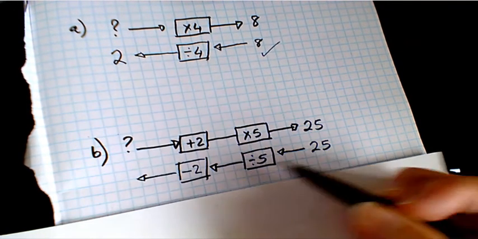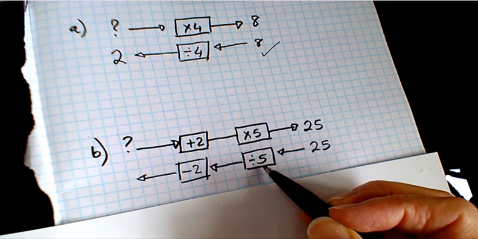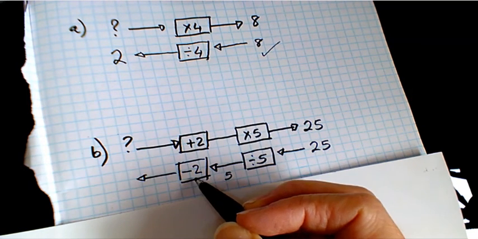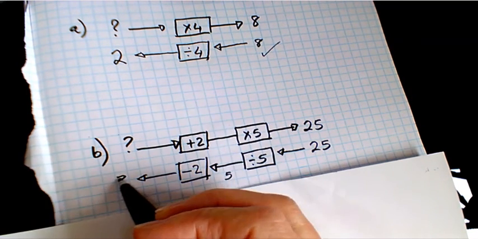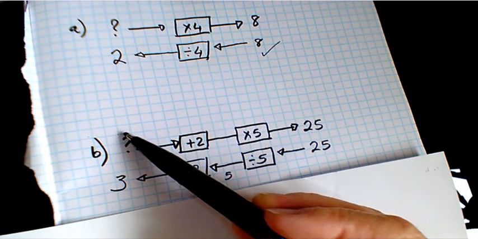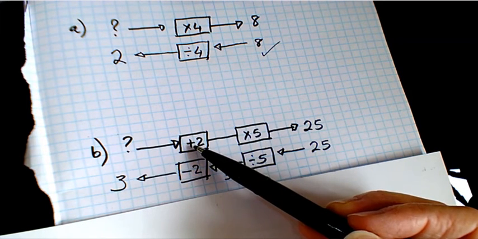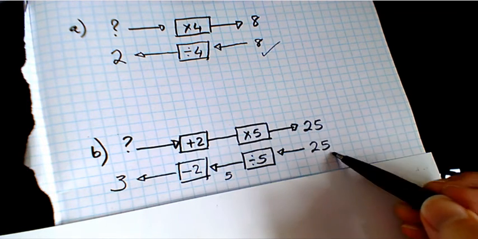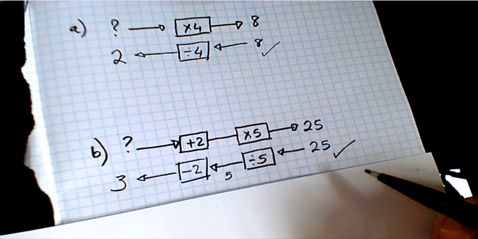And carry on. So I've got 25 divided by 5 is going to give me 5, and then 5 take away 2 is going to give me 3. Now I can double check again. If my input was 3, if I added 2 I would get 5, and then 5 times 5 is 25, so now I know I'm right.